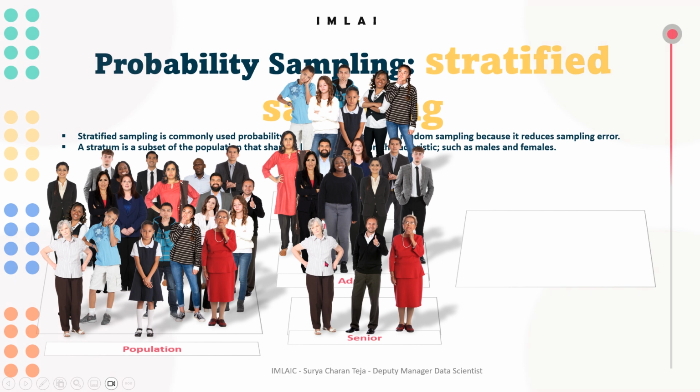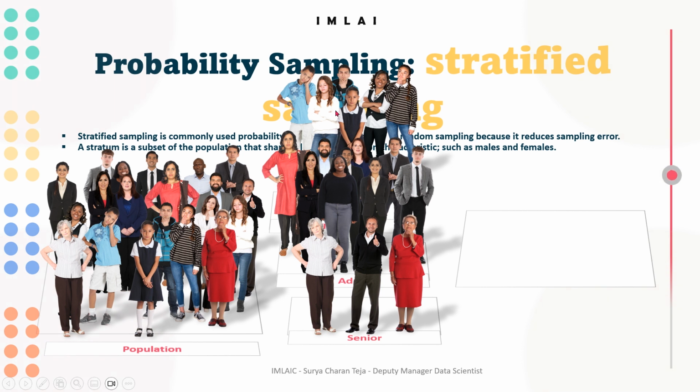Inside each stratum, the elements are between either 0 to 20, or 20 to 50, or 50 and above. So inside the stratum they are homogeneous, but between strata they are heterogeneous.